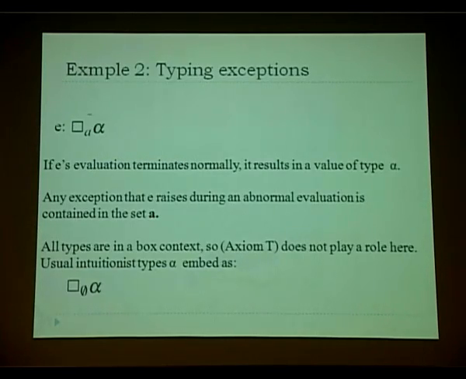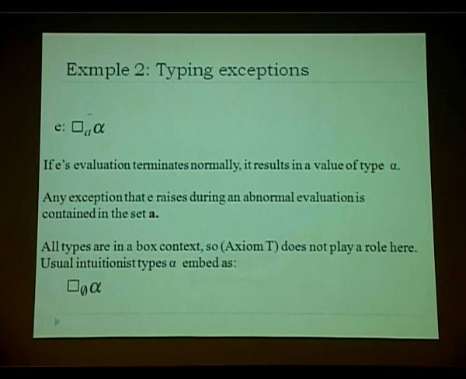And what's the interpretation here, okay? If you will permit me some programming language jargon, I have an expression E. When can I give it a type box A alpha, okay? Let's say alpha is a normal box-free type, like int. What do I want to say? Well, when I run E, I evaluate E. If it terminates normally, I must get a value which is of type alpha.